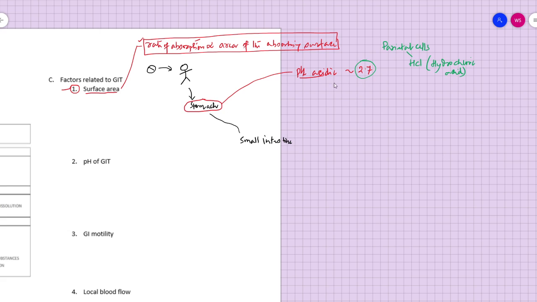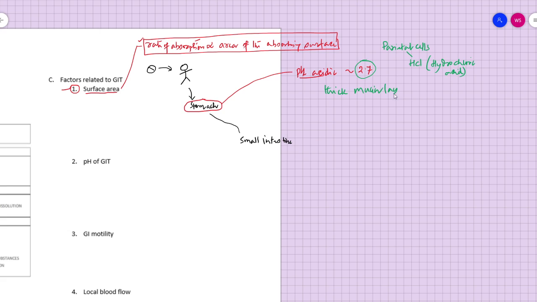The stomach is made up of tissues, and the tissues are now in an acidic environment. So the tissues need a protection. Okay, so in the stomach, there is a very thick mucin layer.